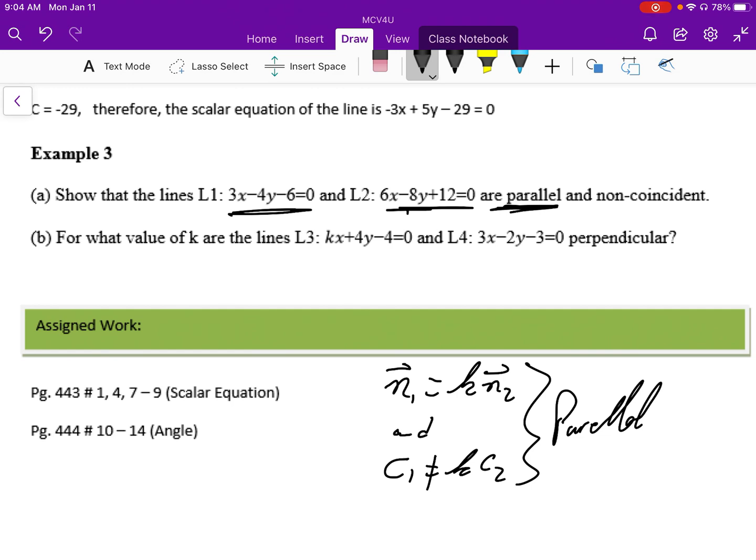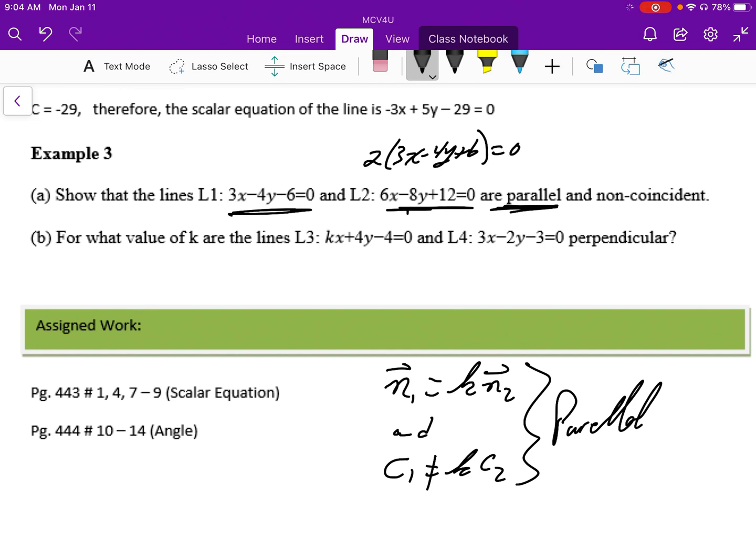L2 is actually 2 times 3x minus 4y plus 6 equals 0.